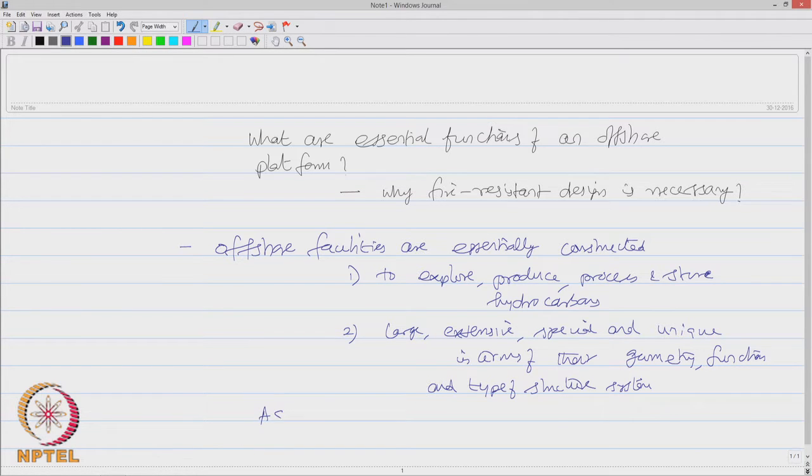So, asset protection is very important in offshore platforms.